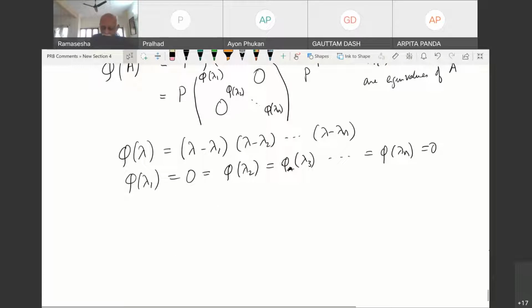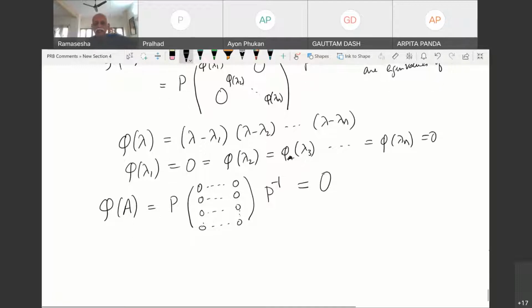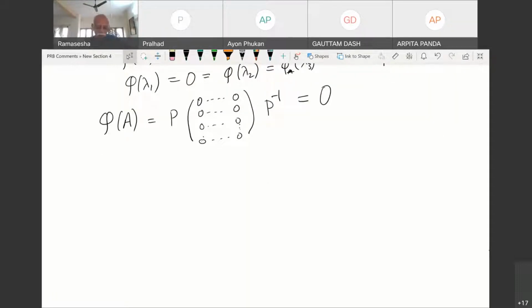So what I have here is P of A is equal to P times a null matrix times P inverse. What do you get when you multiply something by a null matrix? 0. That is a null matrix. So P of A equals 0. Okay. So we have a theorem which goes by the name of Cayley-Hamilton theorem.